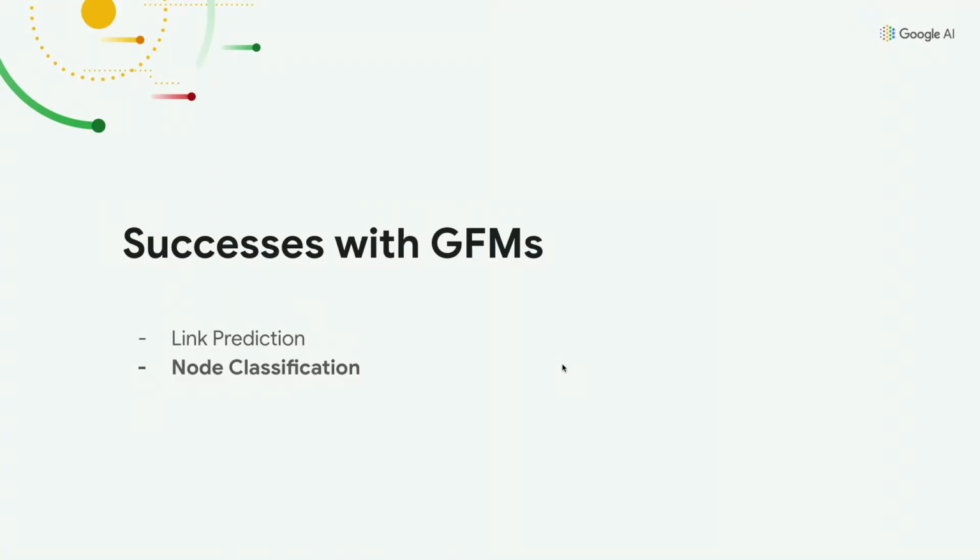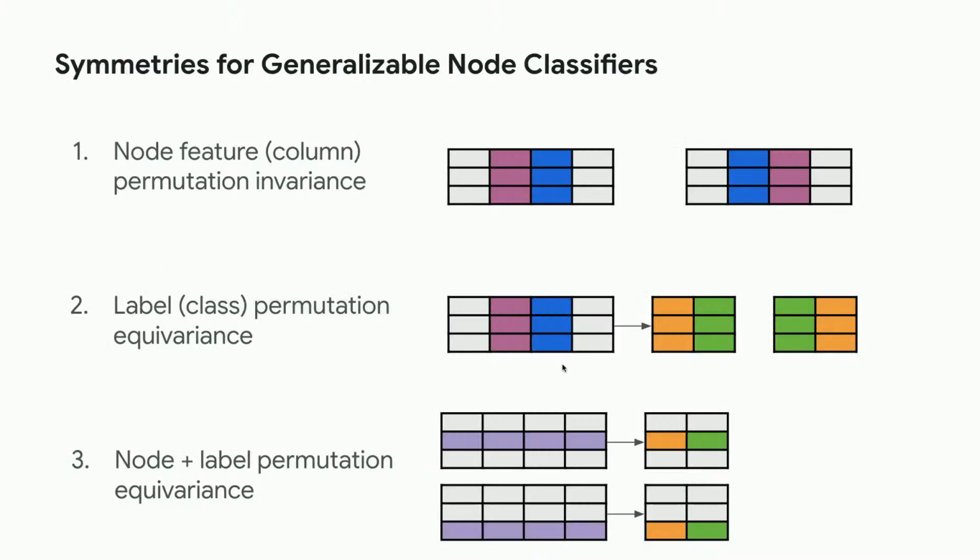Alrighty, so after that, some news on generalizable node classification. In node classification, what you usually have is some node classification dataset with a different number of classes and different input features. Several important symmetries to keep in mind: feature permutation invariance.